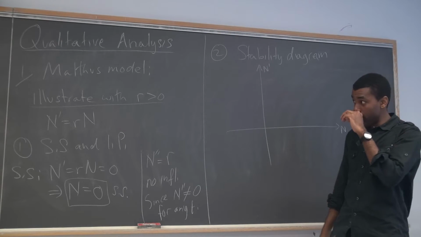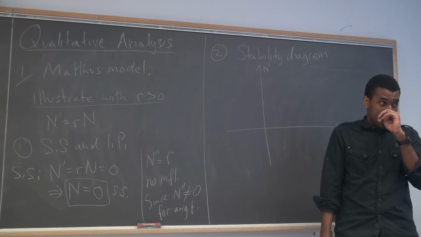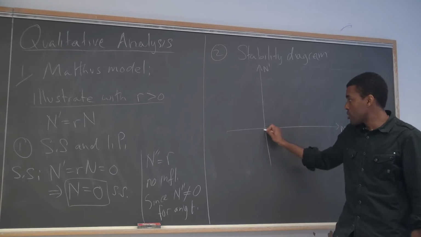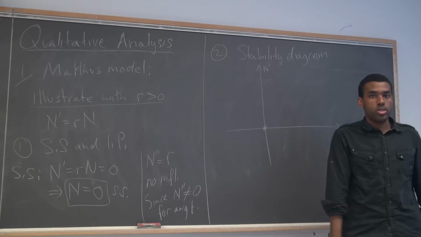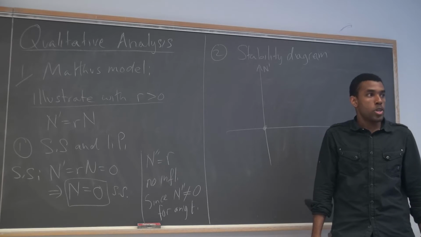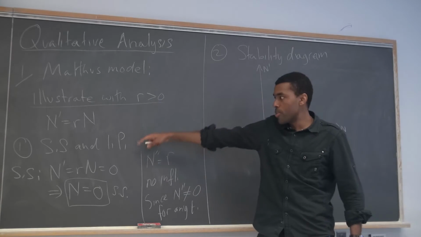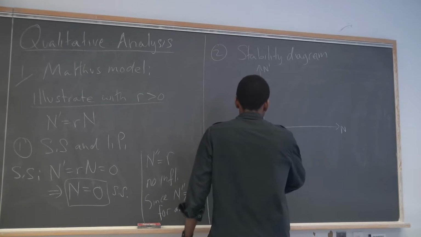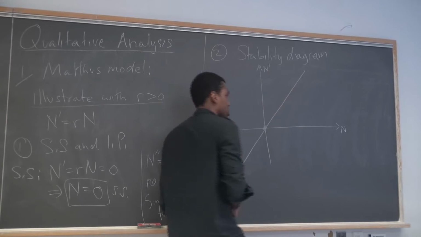It's linear, it's a straight line. It passes through 0. R is positive. Yeah, so it's going up. R here functions as the slope for the line. It's like y equals mx plus b. So that's our guy.